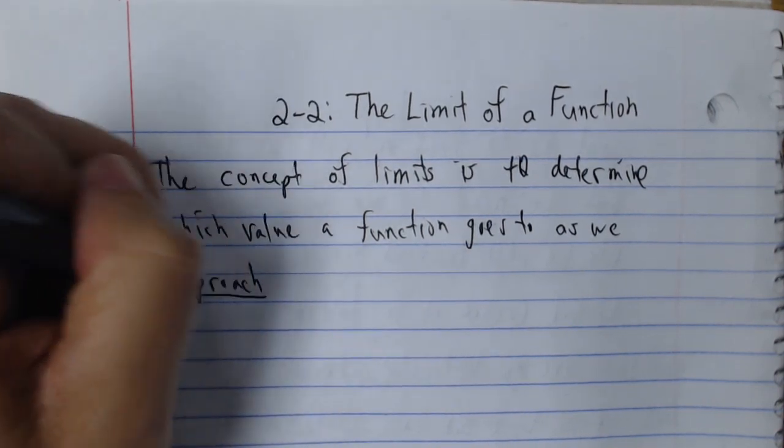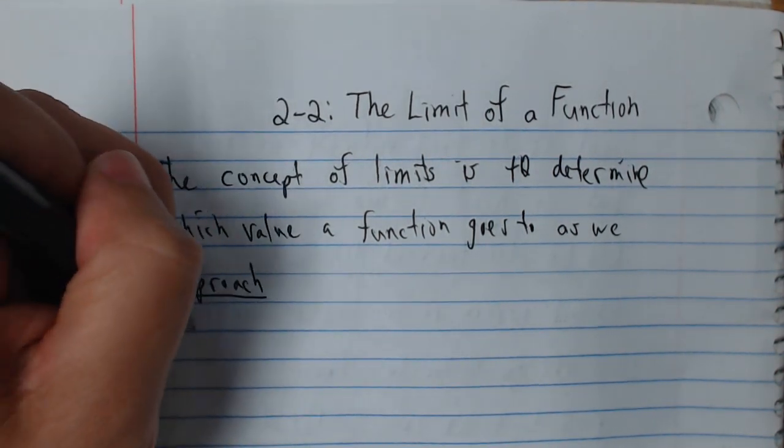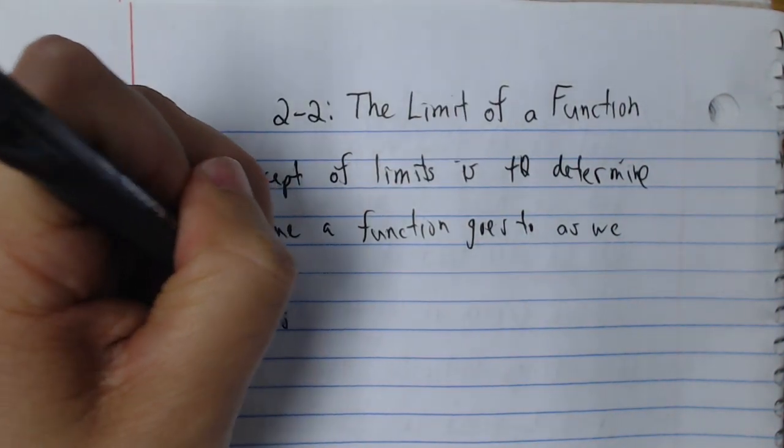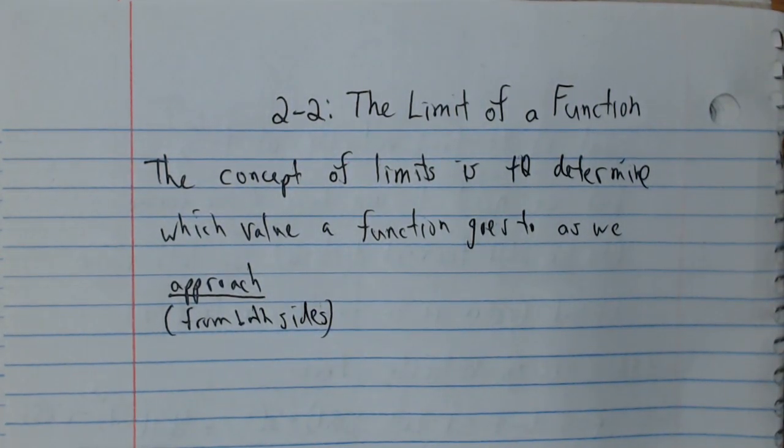And when I say approach, we notice that we're getting close to something. Anytime we talk about limits, we're talking about from both sides. So this is a two-sided limit. In fact, all limits are two-sided unless we're told otherwise.